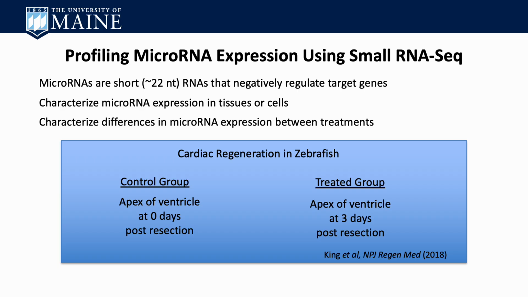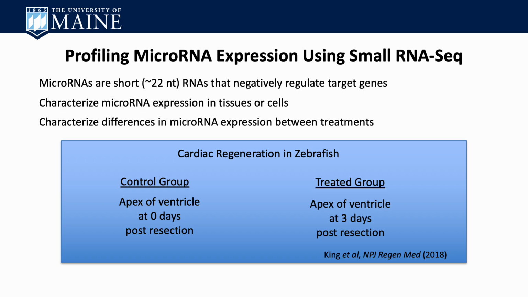One of the small RNA sequencing data sets we include in our tutorials is from a study of heart regeneration in zebrafish. Zebrafish have an amazing ability to regenerate their heart or cardiac tissue approximately 30 days after injury, where you cannot tell that the heart was originally injured.